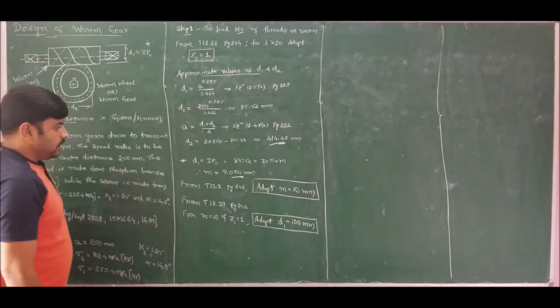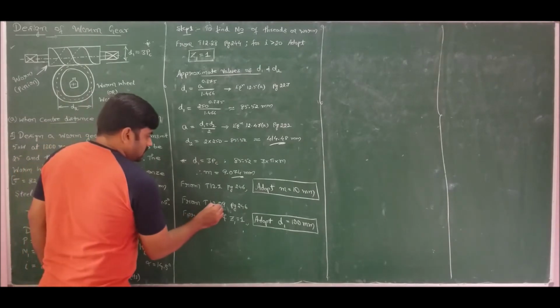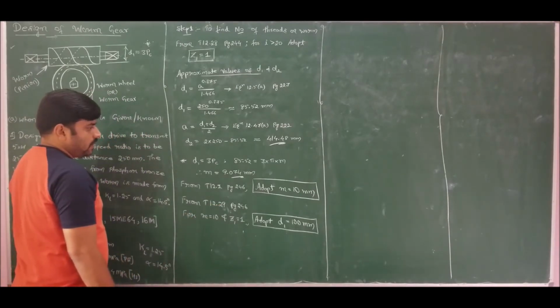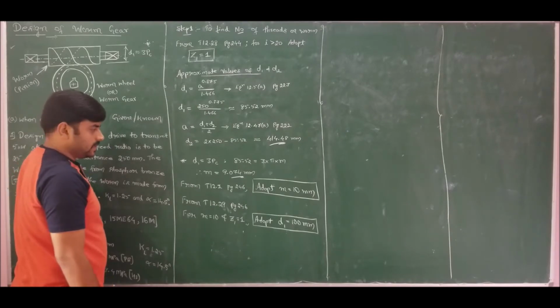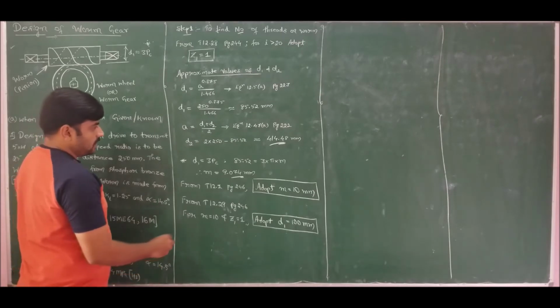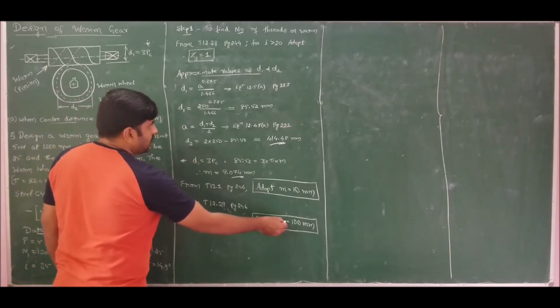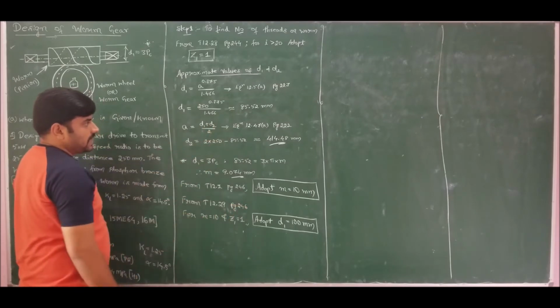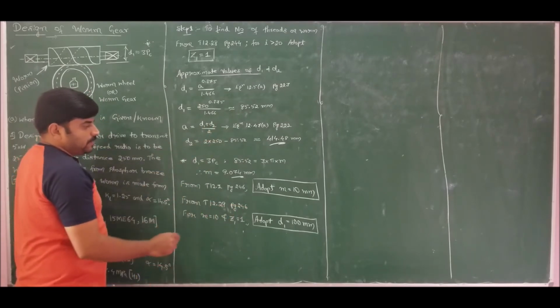So the diameter of the worm is turning out to be 100 millimeters. Moving ahead, the diameter we have adopted, 100, is nearer to the approximate value 85. So the answer can be termed to be correct.